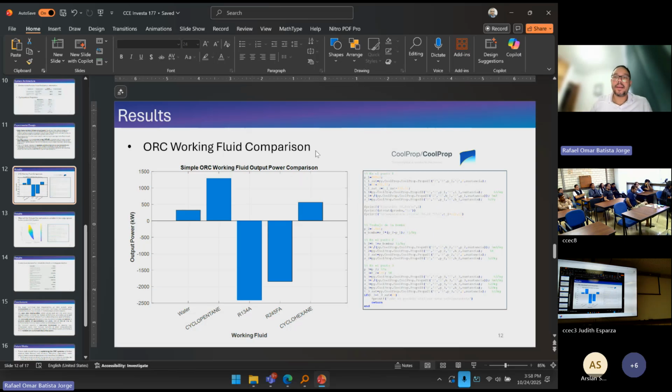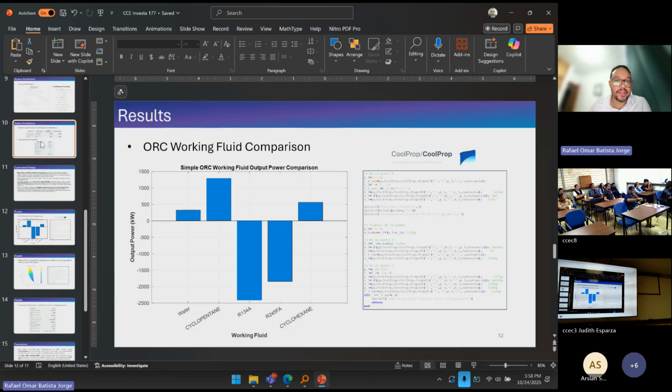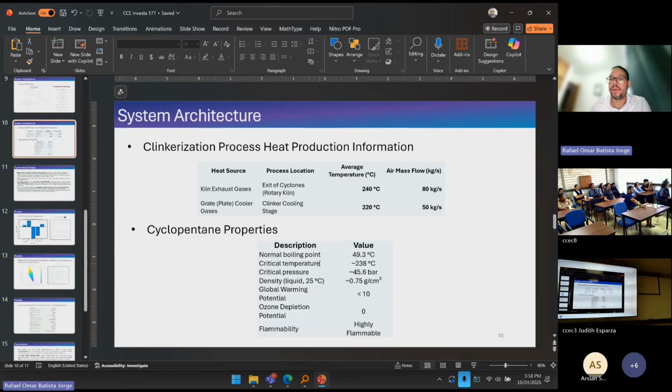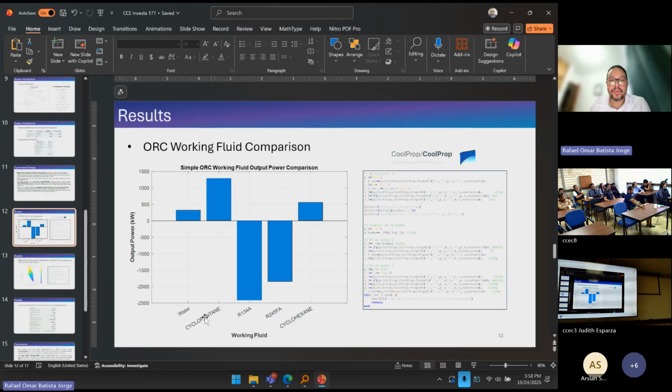Then we looked at the boiling point of the working fluids and the average temperatures of the exhaust gases, and for that reason we chose cyclopentane and cyclohexane for comparison. So that's the main reason.